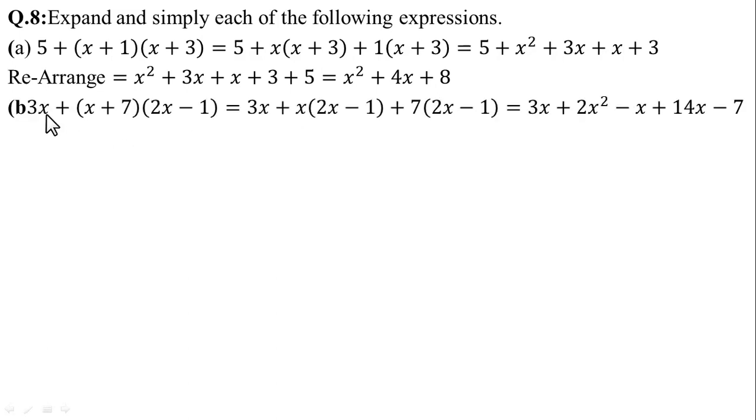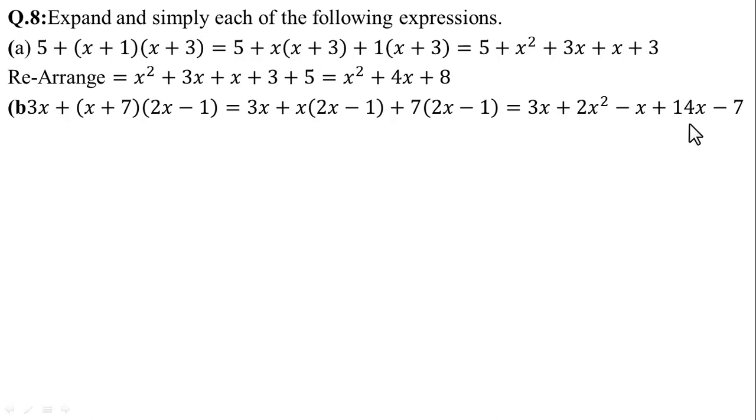Now in B part, (3x + 7)(2x − 1). Now we write that it is equal to 3x into 2x − 1 plus 7 into 2x − 1. We have 3x into x multiplied by 2x is 2x square, minus x plus 14x minus 7.